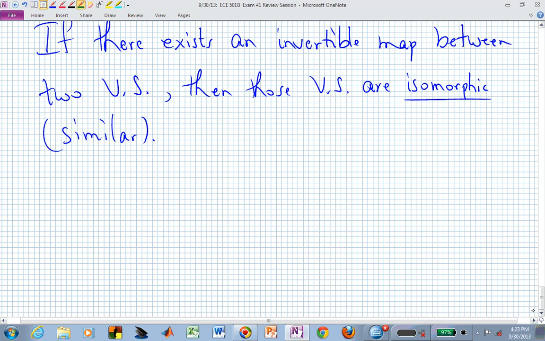Once we have these invertible maps, these isomorphic vector spaces, then we started looking at the matrix representation of these linear maps.